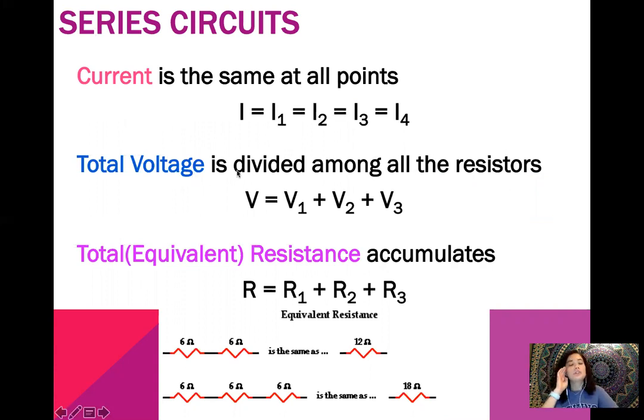Our total voltage, VT for total, is going to equal the sum of the other voltages added together. And then our total or equivalent resistance, two words that mean the same thing, is going to accumulate. We've got these different resistors, and the resistance for the circuit as a whole will add up throughout the circuit.